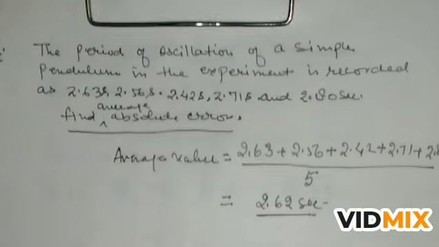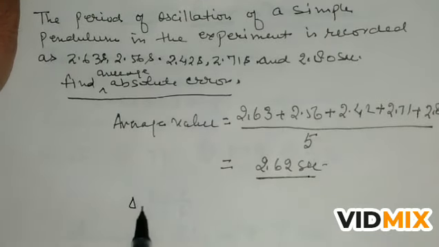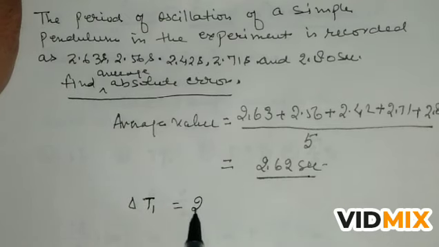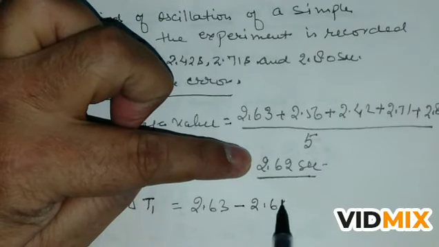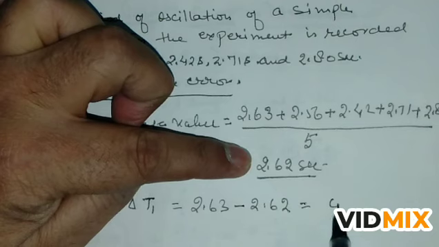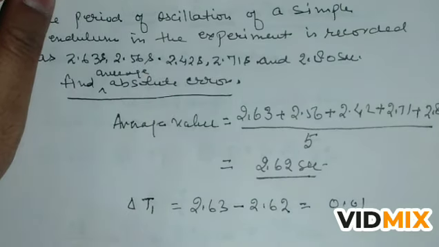And now what is delta T1? It is equal to 2.63 minus 2.62 is equal to 0.01.